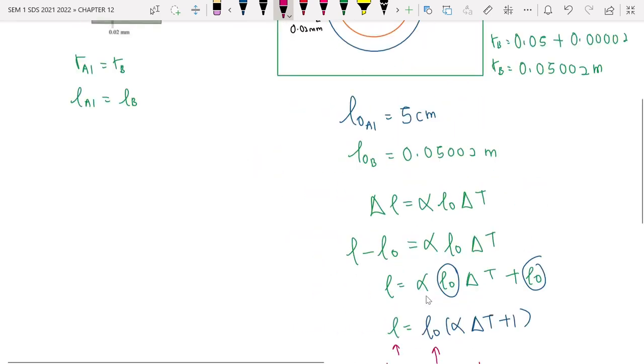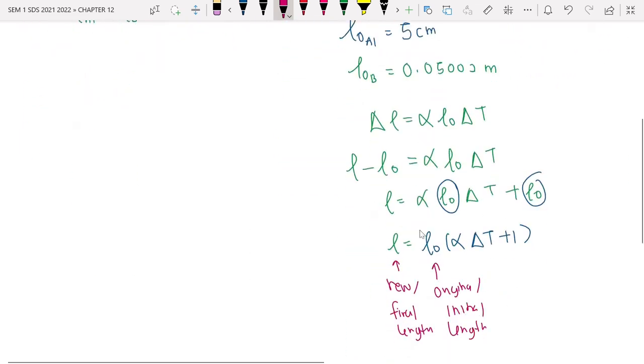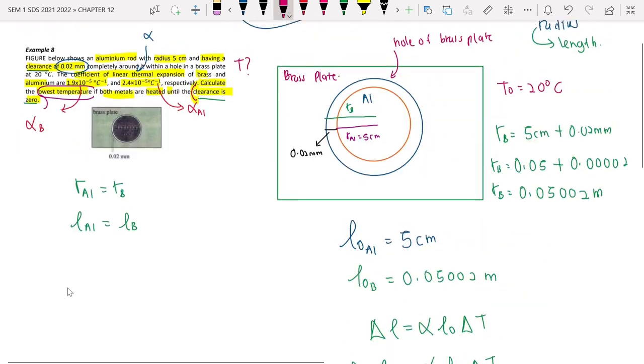And we know the final length of aluminium and the final length of the brass plate is the same. So we are just going to substitute this equation into here.